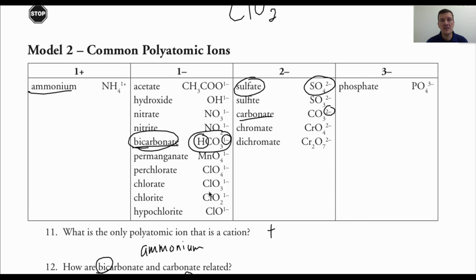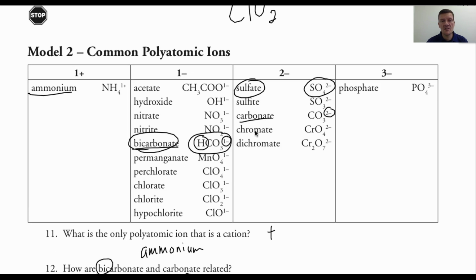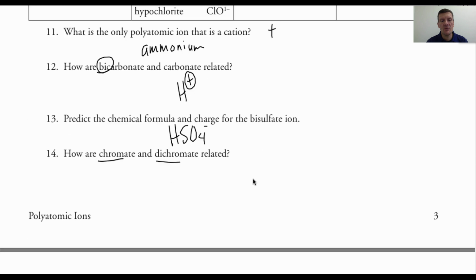Chromate and dichromate. Here we've got chromate, dichromate. Dichromate is going to have the same elements but a different ratio. So chromium and oxygen, chromium and oxygen, but the ratio is going to be different.